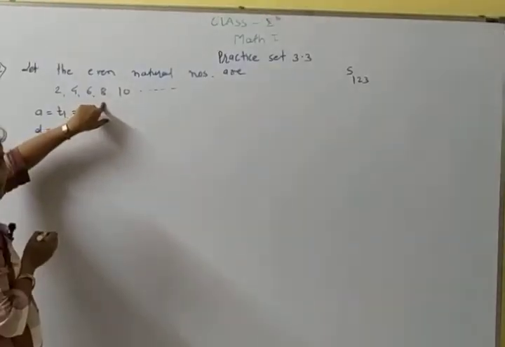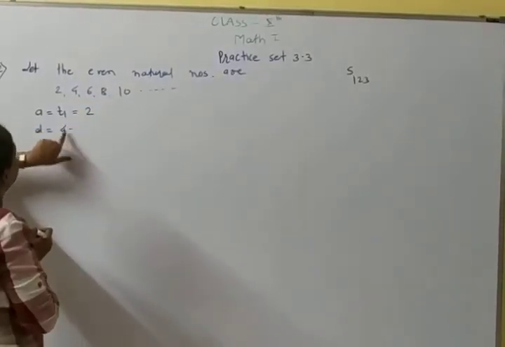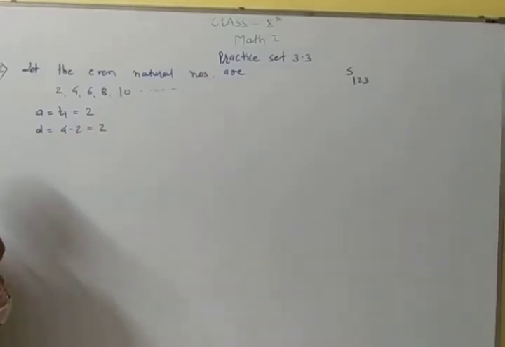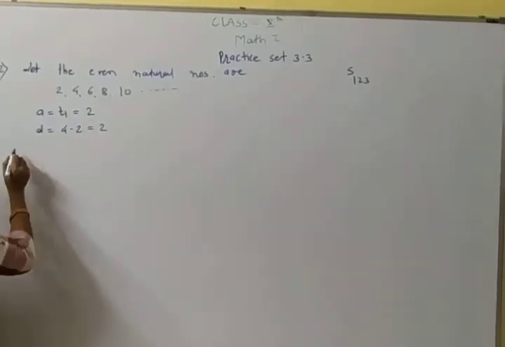The even natural numbers are 2, 4, 6, 8, 10. Here A equals T1, the first term, that is 2. D equals T2 minus T1. Here T1, T2, T3, T4: T2 minus T1 is 4 minus 2, which equals 2. The common difference is 2.